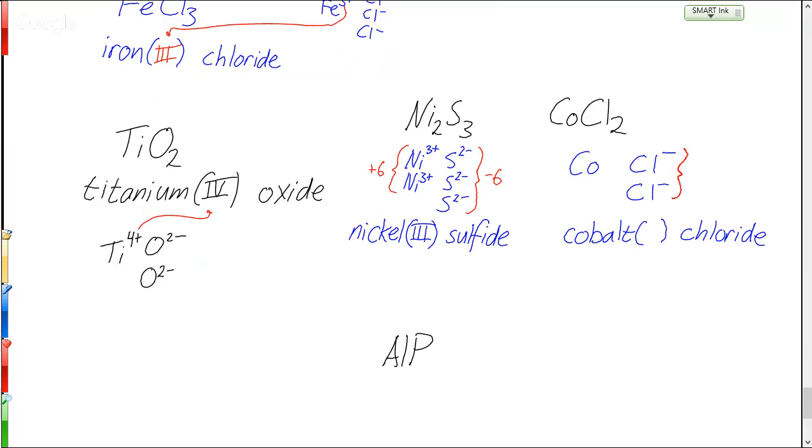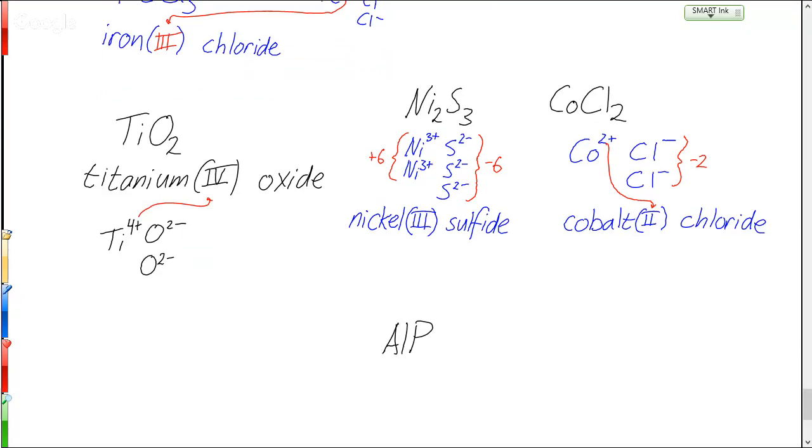So 2 -1s is a total of -2. And so the cobalt then has to be what to balance that out? +2. So that means that a 2 goes in the parentheses here. The charge on the metal always tells us what goes in the parentheses.